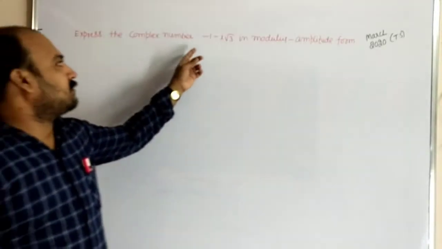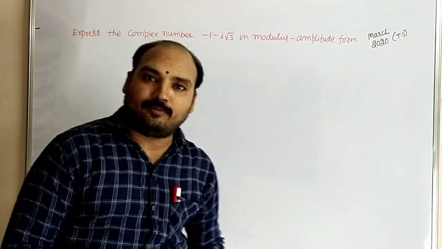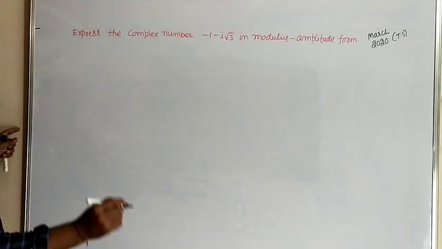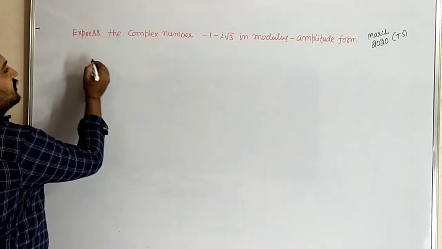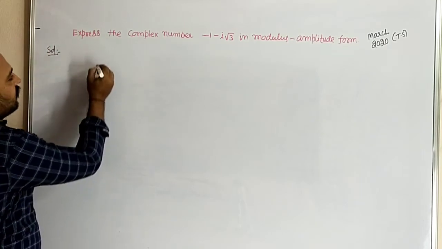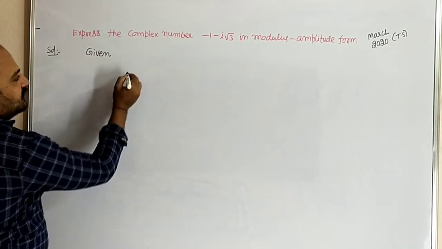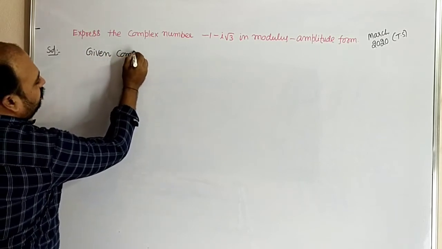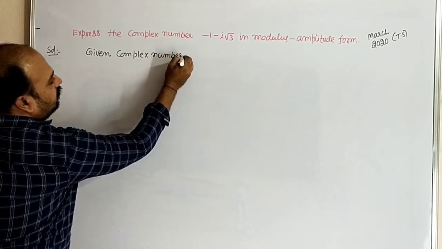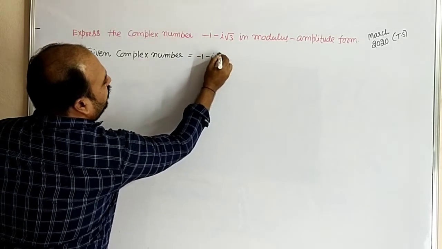Express the complex number minus 1 minus i root 3 in modulus amplitude form. So first, what you have to do, you have to write the given complex number, minus 1 minus i root 3.